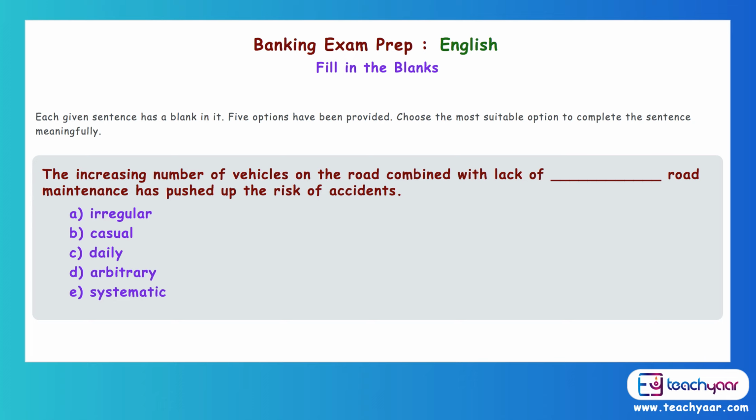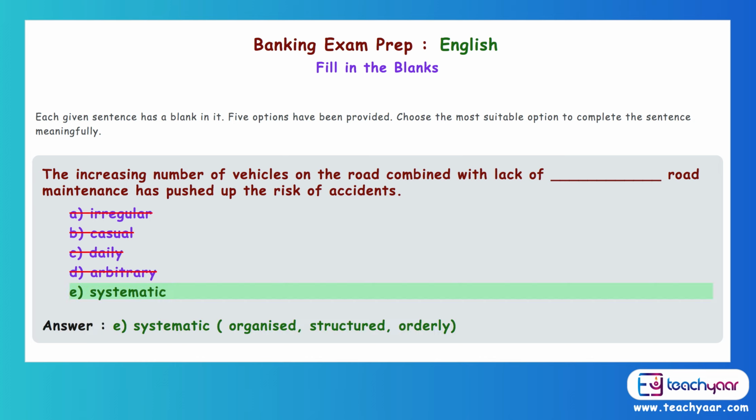So, lack of systematic road maintenance. So, now the sentence is correct. It is more meaningful. The increasing number of vehicles on the road combined with lack of systematic road maintenance has pushed up the risk of accidents. So we have the answer option E, systematic.